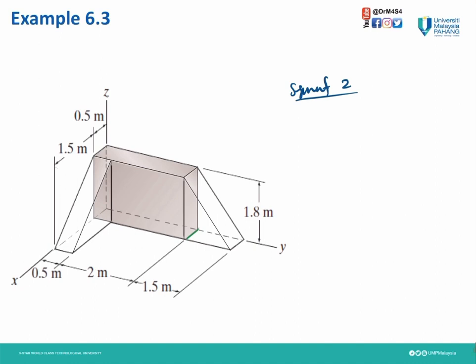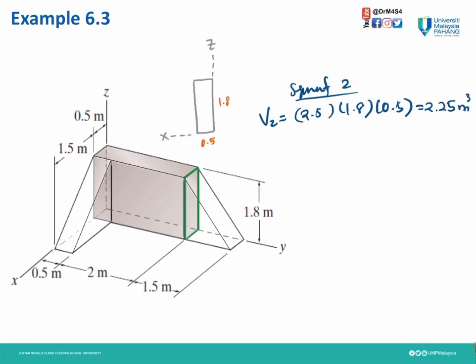Next, we're going to do segment 2, which is this rectangular shape. Then the volume V2 is this length 2.5 times the height of 1.8 and the thickness of 0.5.